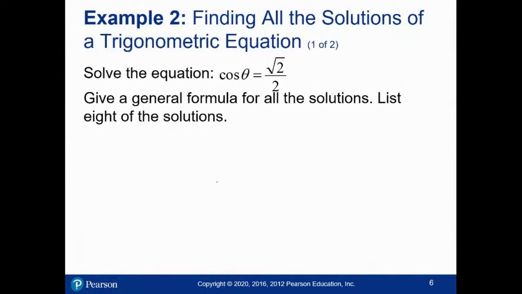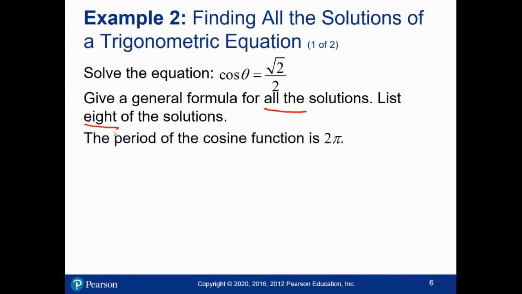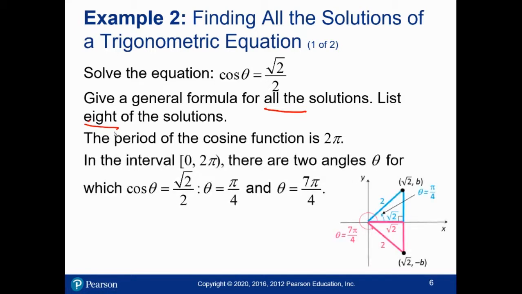All right, how can I solve the equation cosine of theta equals root 2 over 2? And specifically, find all solutions and then explicitly give 8 of them. Well, cosine is periodic with period 2 pi. So if we draw the unit circle, root 2 over 2 is about 0.7.